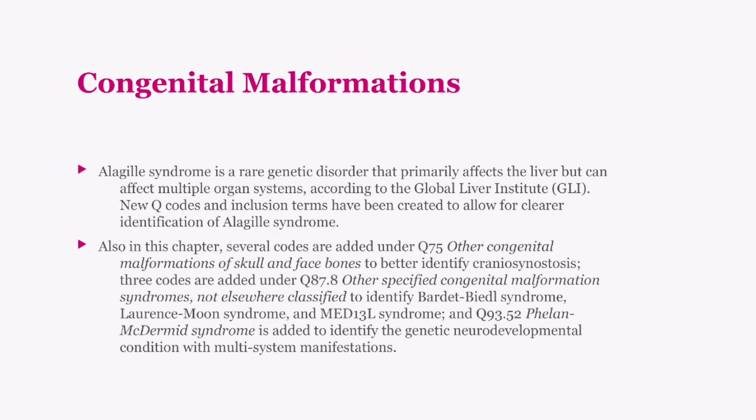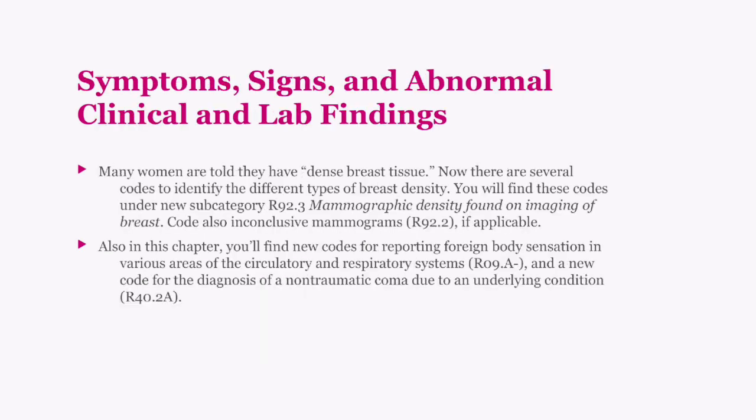Also in this chapter, several codes are added under Q75 other congenital malformations of skull and face bones to better identify craniosynostosis. 3 codes are added under Q87.8 other specified congenital malformation syndromes, not elsewhere classified to identify Bardet-Biedl syndrome, Lawrence-Moon syndrome, and MED13L syndrome, and Q93.52 Phelan-McDermid syndrome is added to identify the genetic neurodevelopmental condition with multi-system manifestations.